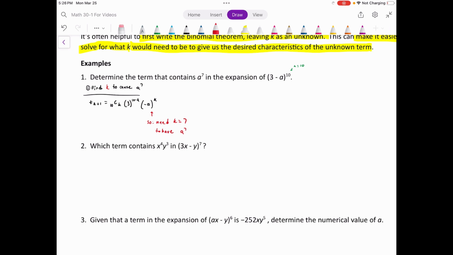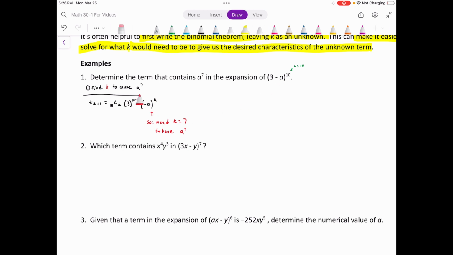There'll be other stuff, of course. All of this will be going on, but that's all it took to figure out what we need k to be, right? And again, we could have relied on the fact that it would start out with an a to the 0. The next term would have a to the 1, then a squared, then a cubed, right? But writing it out here, we can also just pretty quickly see, what do we need k to be for a to have a power of 7? Well, we need k to be 7.